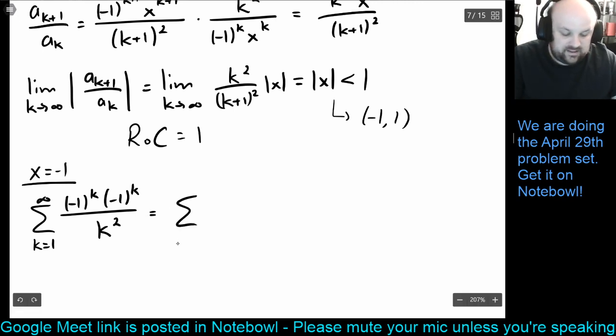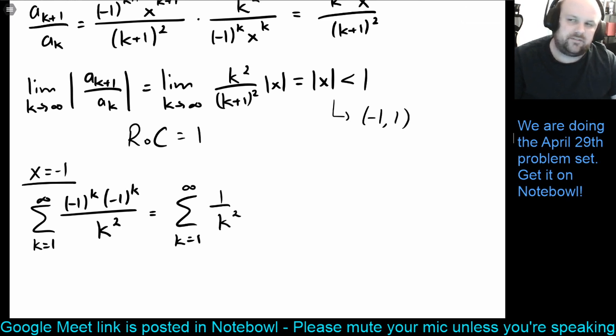If you simplify that, it's the sum from 1 to infinity of 1 over k squared. Does this converge or diverge? What do you think? And why? Why does it do one or the other?